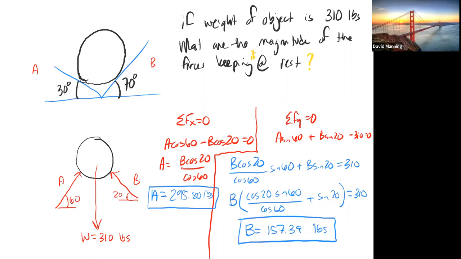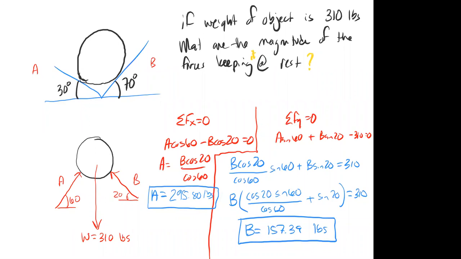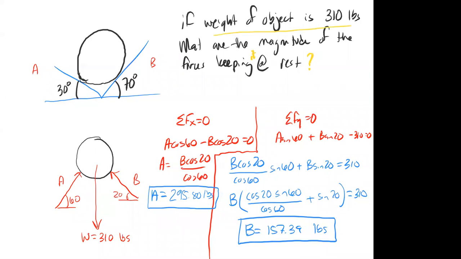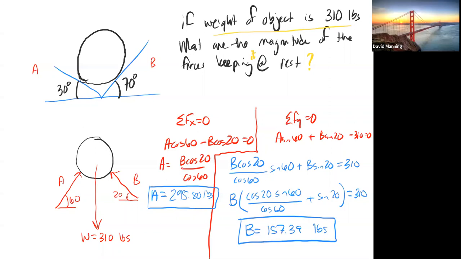And I found my two values. Where does the 310 come from? 310 was the weight. It was given in the original problem. It's hard to solve without that, right?